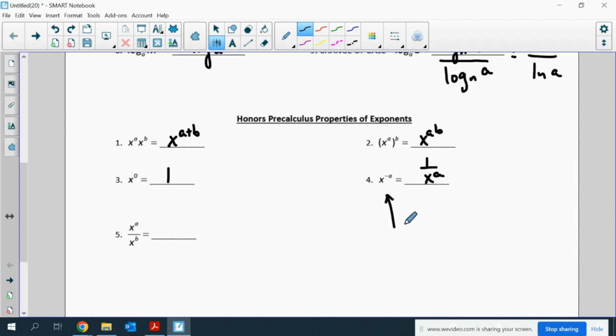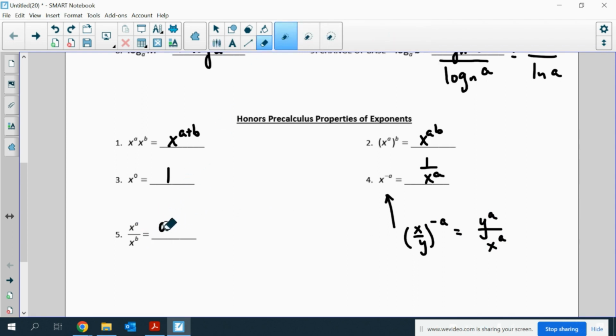And a result of that is if I have something like x over y to the negative a, that's y to the a over x to the a. So I can just take the reciprocal. And then x to the a divided by x to the b is x to the a minus b.